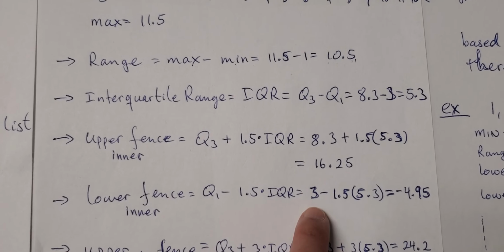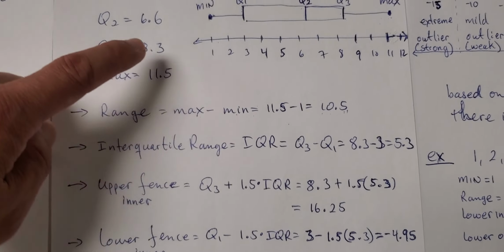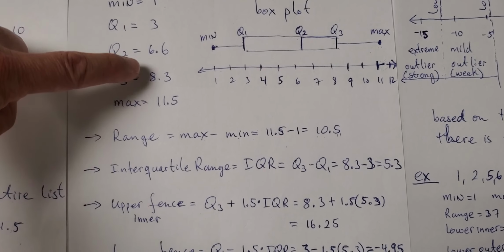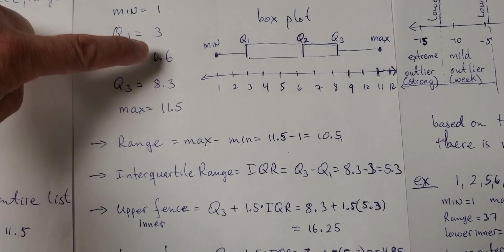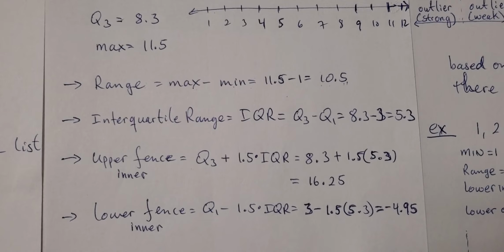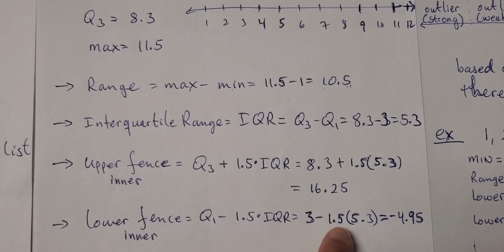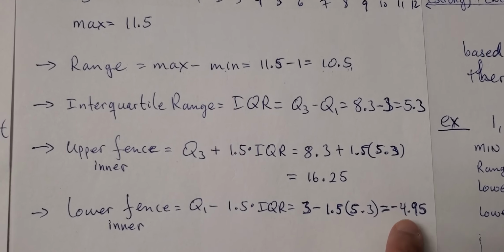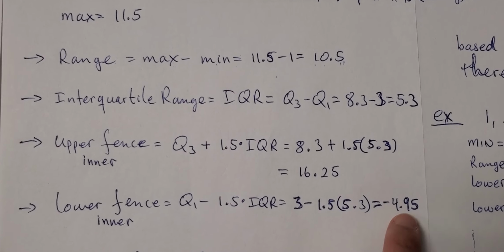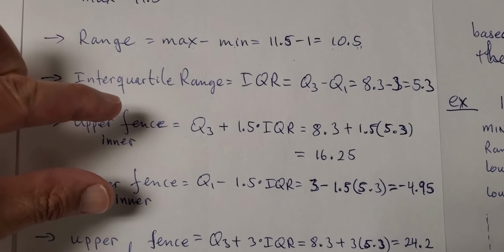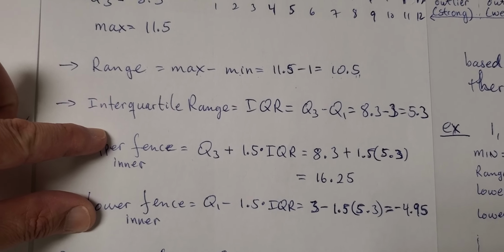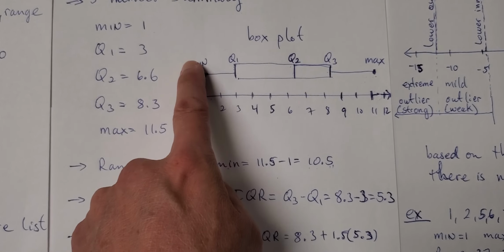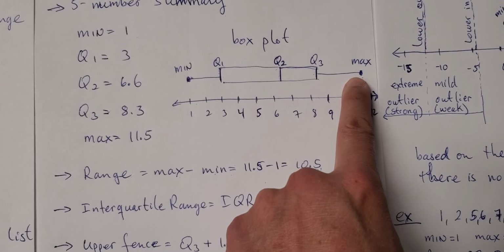So Q1 is 3. Where did I get this number? Which is from your 5-number summary right here. Okay? So 3 subtract 1.5 times 5.3. And if you do your math, it will come out to be negative 4.95. So these 2 are your inner. Why are they inner? Because they are the closest to the minimum and the maximum.